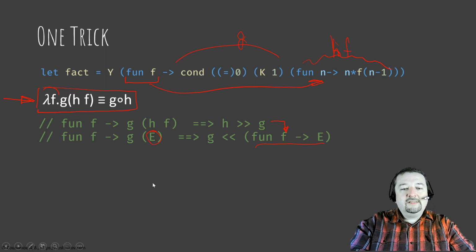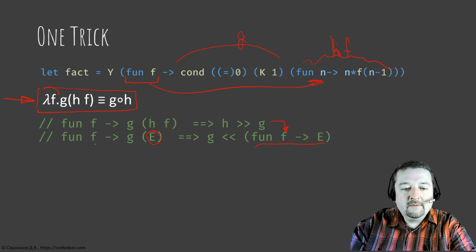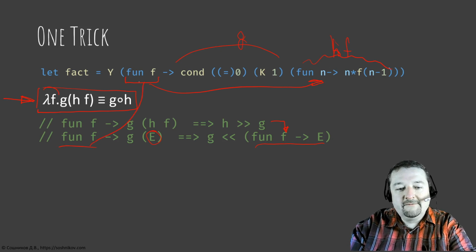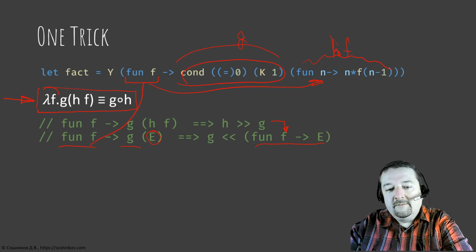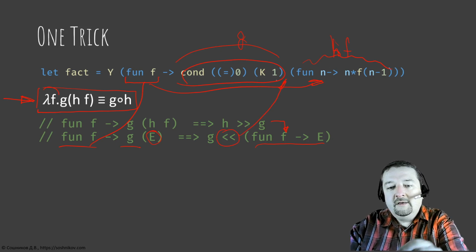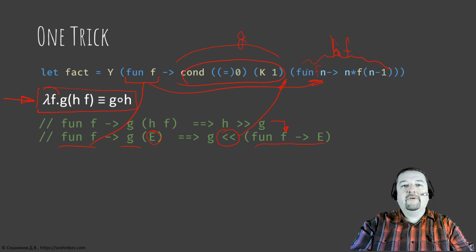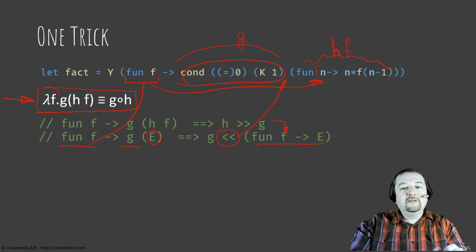So now see how this can be applied here. So fun f is this fun f, g is this expression here, and what I need to do is put composition here, and here I need to make this a function of f. This is kind of the equivalent modification.